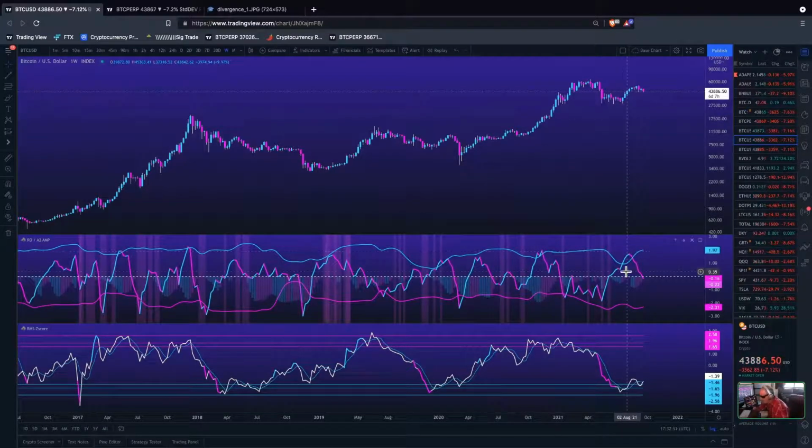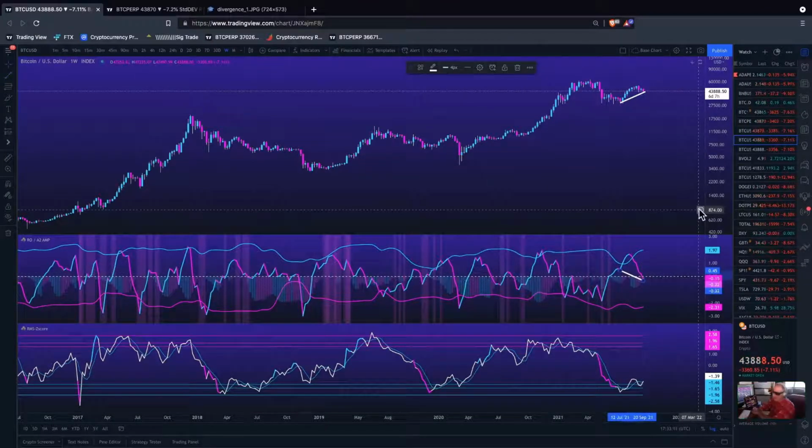Now let's see, is there anything else set up here? Yes, there is. This returns oscillator is right at the zero mean. It's a little bit below it on this weekly. But it is building. Not printing yet, but it is building as we speak.